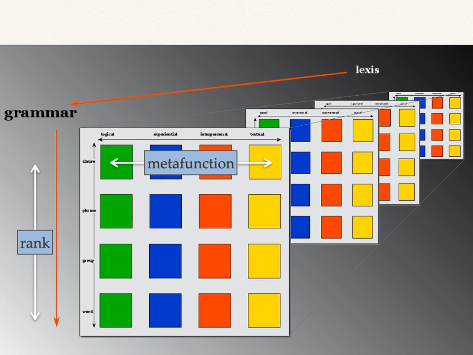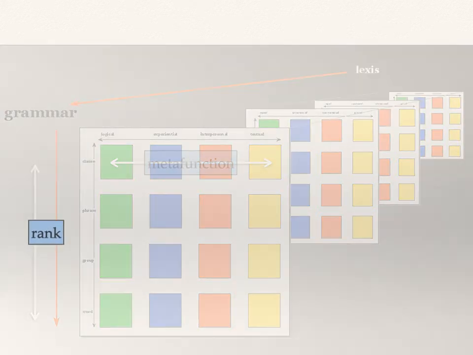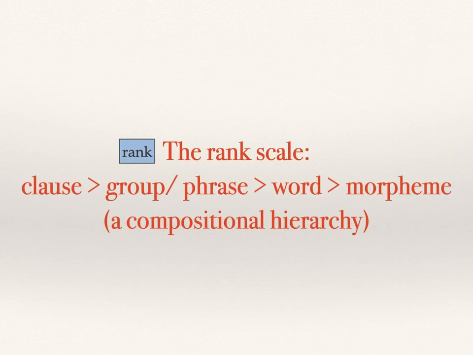Let's now review the rank scale and talk about it in some more detail. In English, as in Chinese, the rank scale consists of 4 ranks. So 4 units along the compositional hierarchy. Clause.